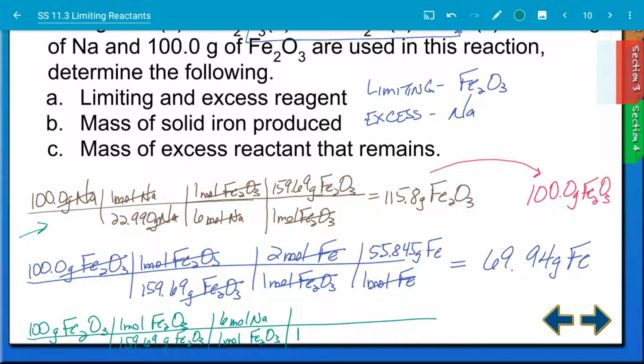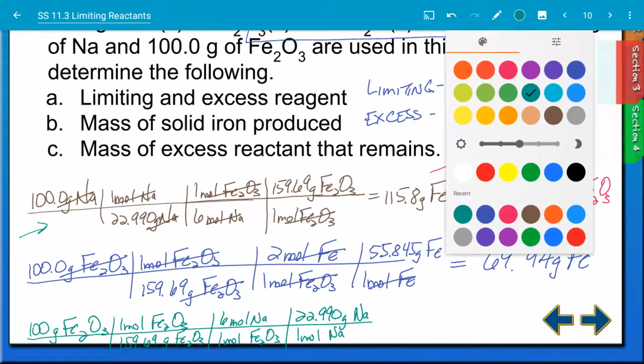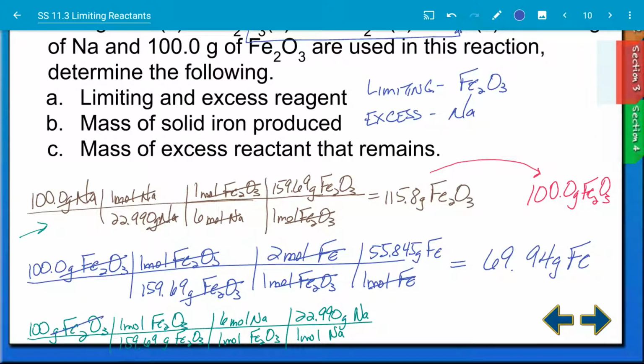And I know 1 mole of sodium weighs 22.990 grams of sodium. So I can say my grams of iron oxide cancel out, my moles of iron oxide cancel out, my moles of sodium cancel out, and I'm left in grams of sodium, which I want to be. So I'm going to say 100.0 divided by 159.69, multiplied by 6 and multiplied by 22.99.